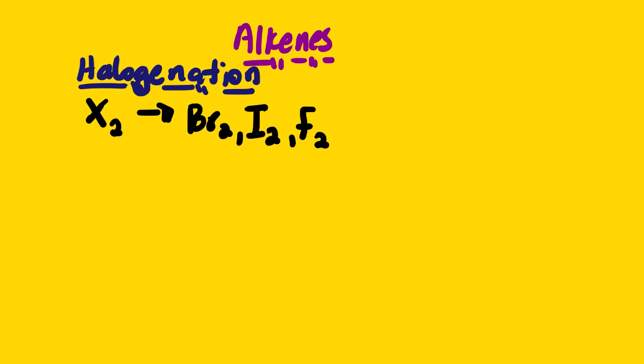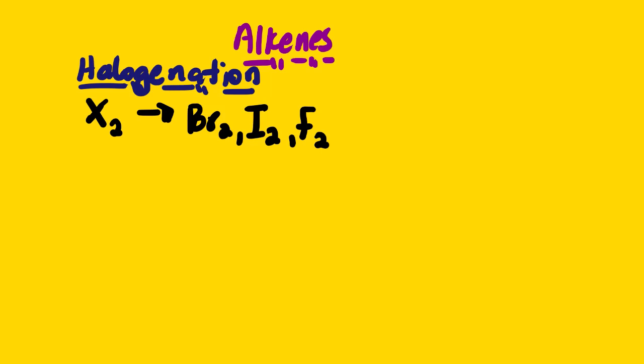I just happen to believe that it is much simpler when we introduce a certain topic or concept starting with the basics, and then once you understand the basics, we can get into detail on how we come about deriving that particular product. So like I said, halogenation of alkenes is when we introduce these halogens onto an alkene reactant as part of the reaction.